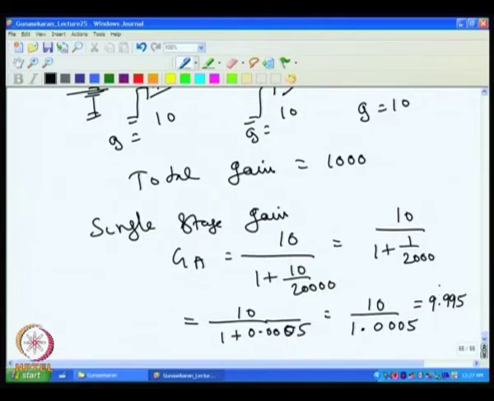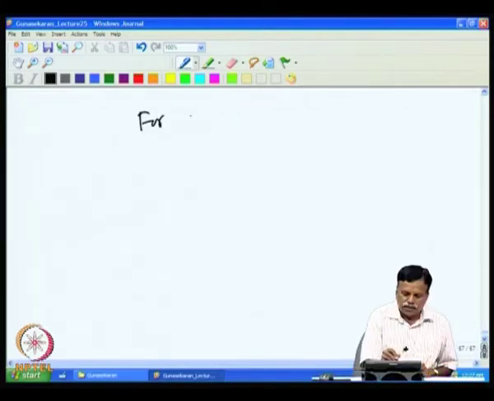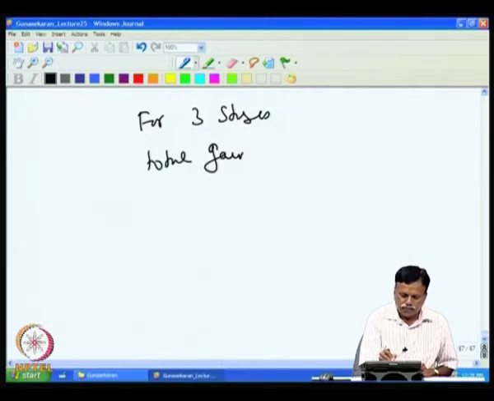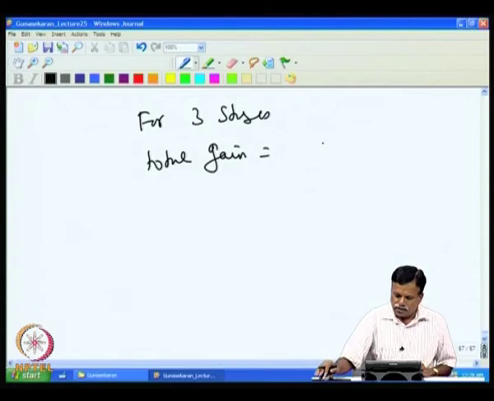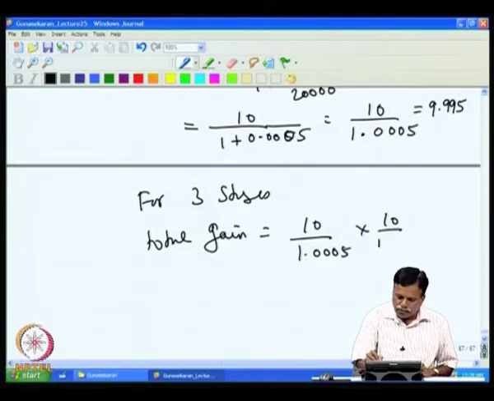If you multiply this over 3 stages, each stage will have this, and then the total gain would be 10 divided by 1.0005, into 10 divided by 1.005, into 10 divided by 1.005.